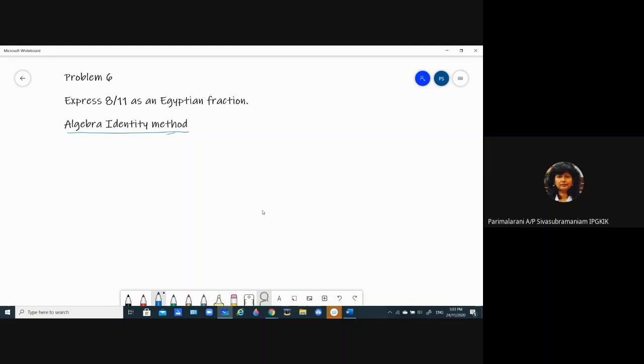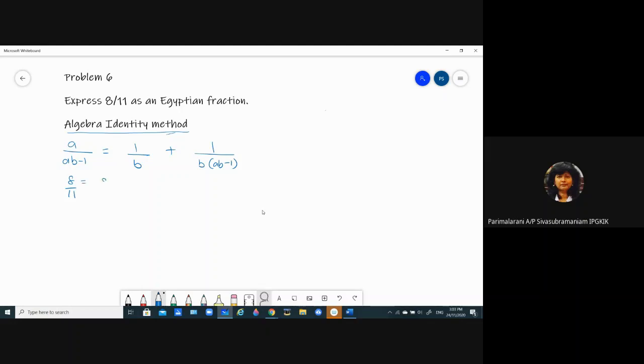So the formula is like this: A over AB minus 1 is equal to 1 over B plus 1 over B times AB minus 1. So we are going to use this method. We need to change 8 over 11, so we want to write 8 over 11 in this form.